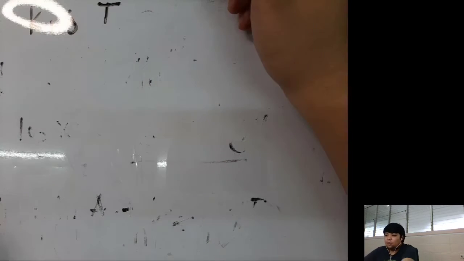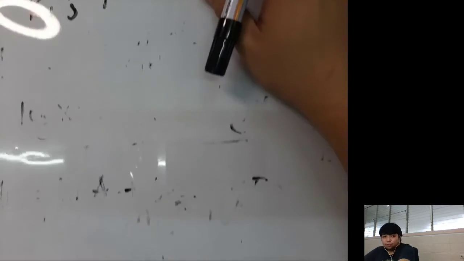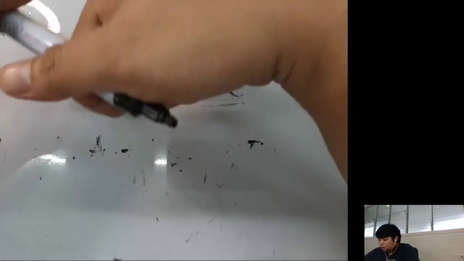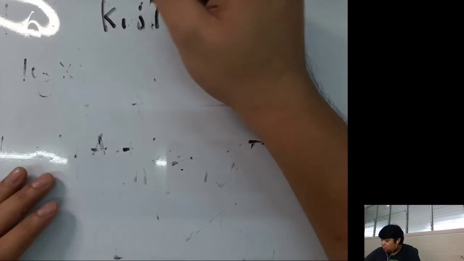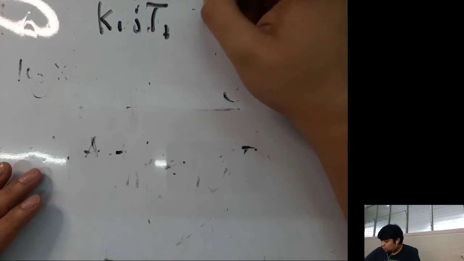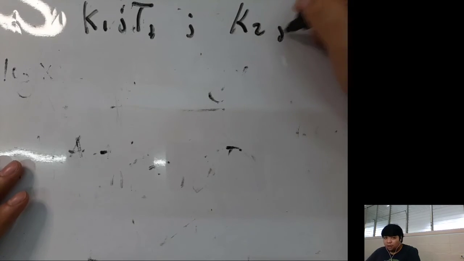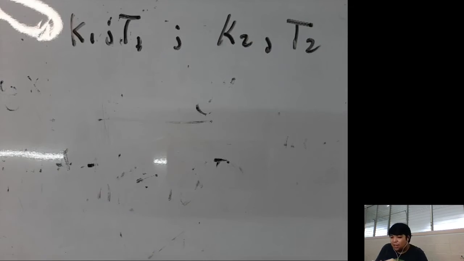Oops, it's not visible. So it has its own rate constant here at a certain temperature, and we have this one here, another rate constant at a different temperature for the same reaction.